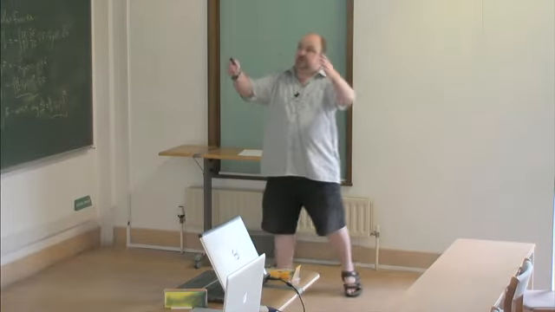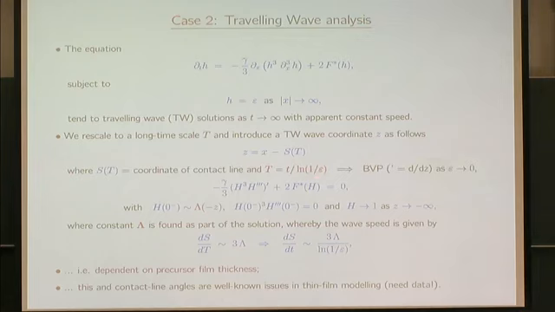So it doesn't develop in order 1 time, it actually develops in log 1 over epsilon time. So if you substitute these things with a little bit of careful boundary layer theory, the equation that sort of wears the trousers and governs what's going on is this ODE problem here, boundary value problem here.